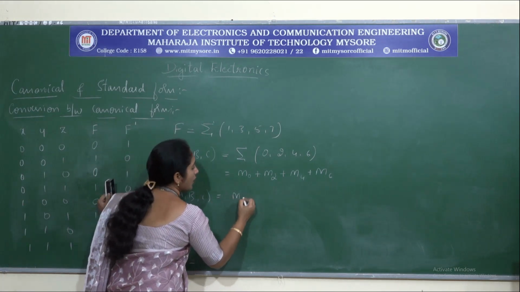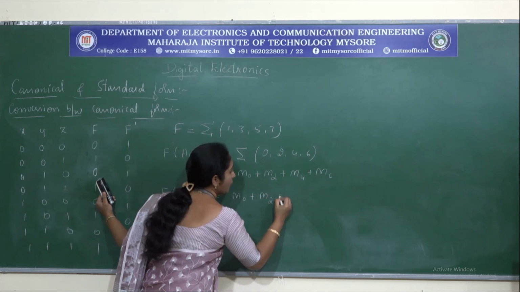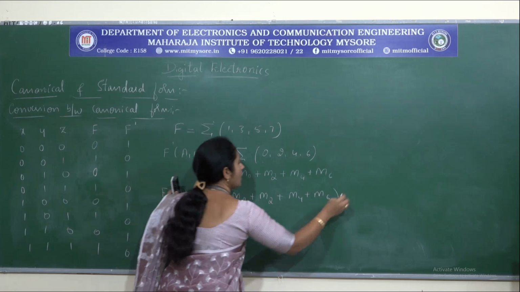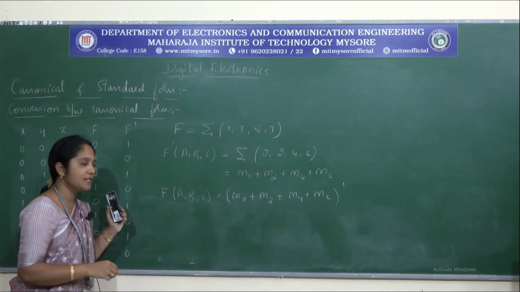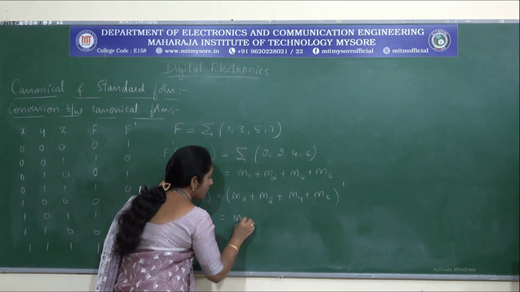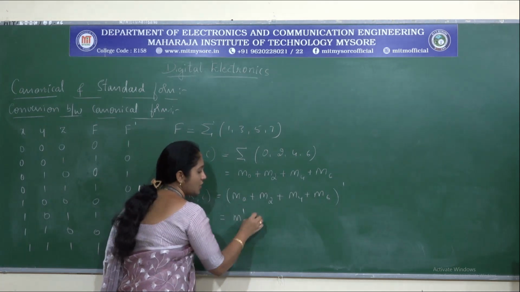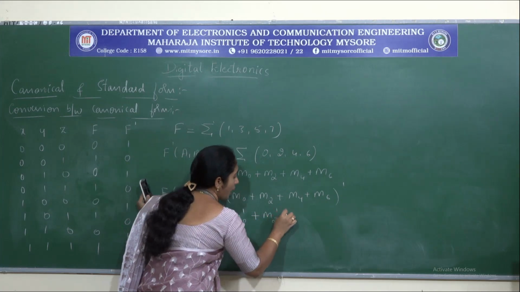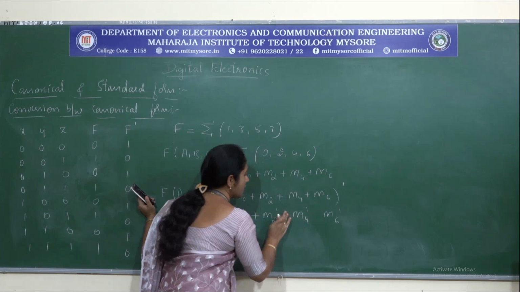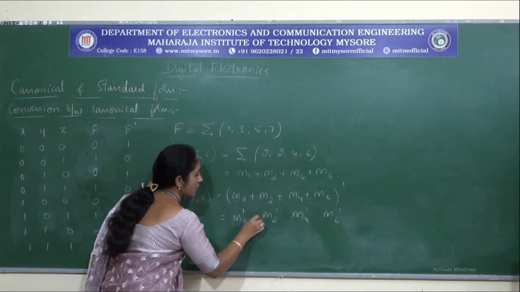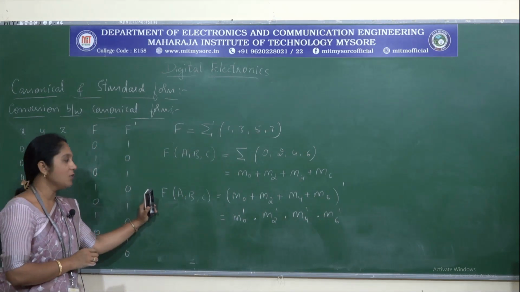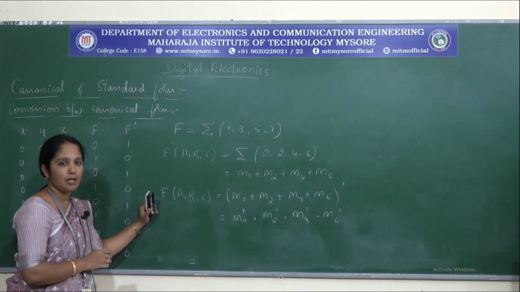This is equal to the complement of M0 plus M2 plus M4 plus M6. Let us expand this using De Morgan's theorem. So this becomes M0 dash plus M2 dash plus M4 dash plus M6 dash. Sorry, since we are using De Morgan's, plus must be changed to dot: M0 dash dot M2 dash dot M4 dash dot M6 dash.